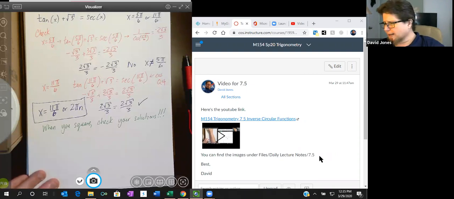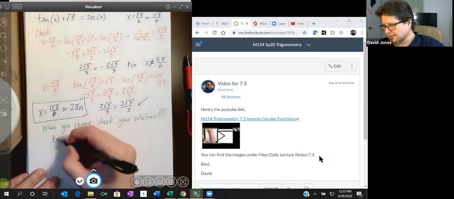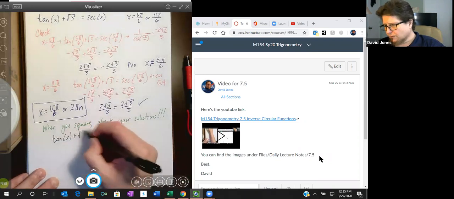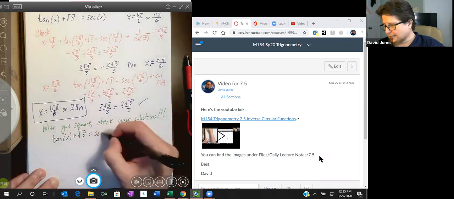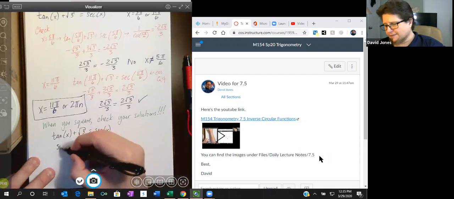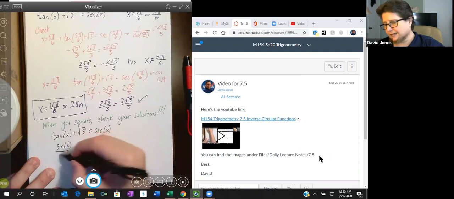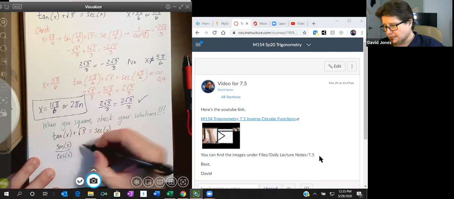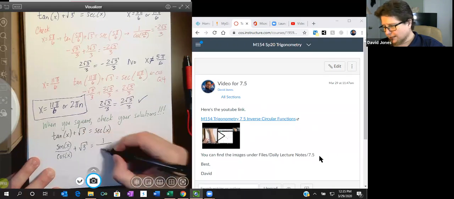I do want to point out, let's go back to that equation real quick. We had tangent x plus root 3 equals secant x. And if I rewrite that, I've got sine x over cosine x plus root 3 equals 1 over cosine x.